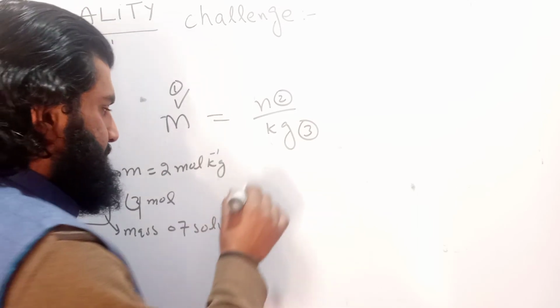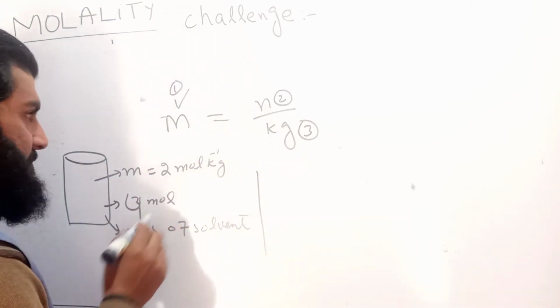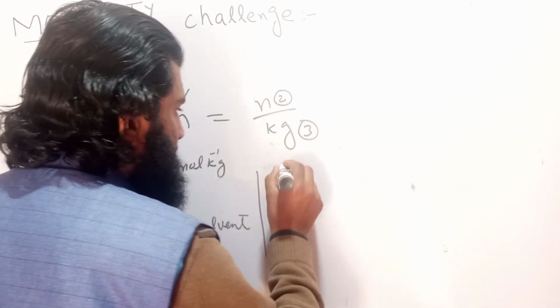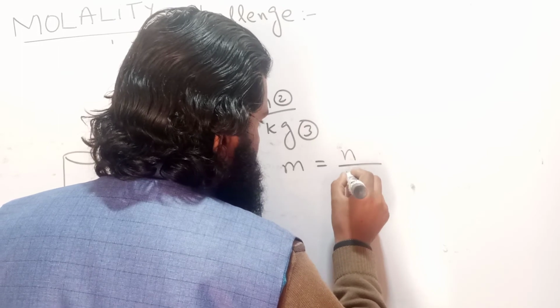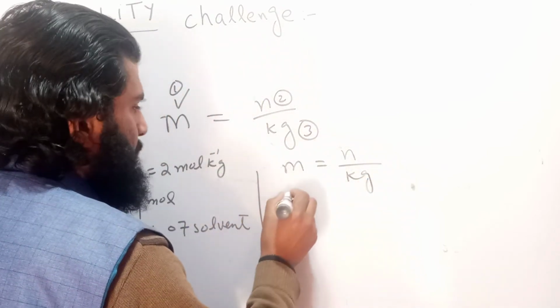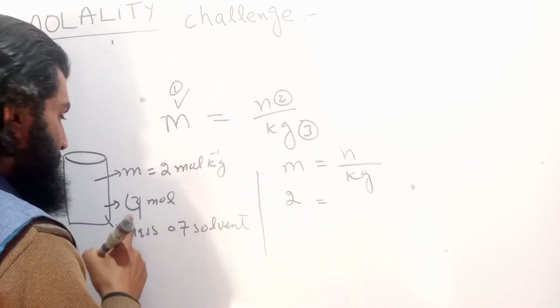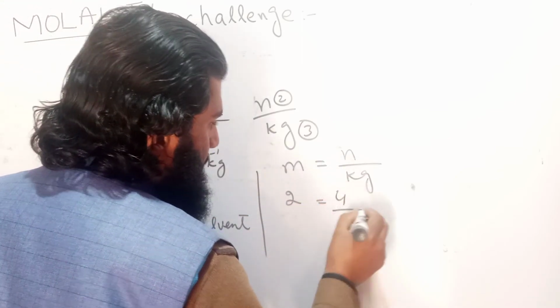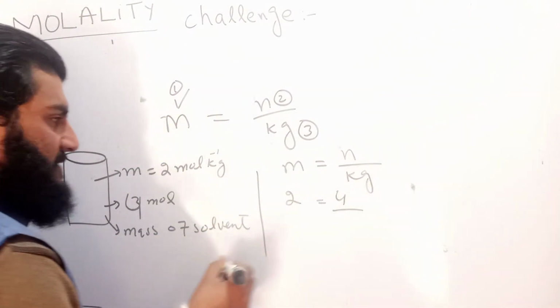Clear? So you know, find mass of solvent. We know that molality is equal to number of moles of solute in kilogram of solvent. Clear? So molality is 2, which is equal to number of moles, 4, over kilogram, and now we will find mass of solvent.